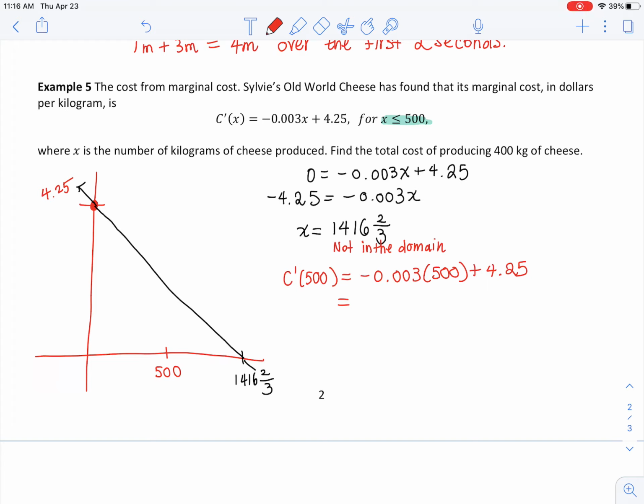I was trying to first plot the x-intercept, but that x-intercept was way out of the domain, so I gave up on that one. I'm going to erase that soon, but let me at least figure out how far we can go. Negative 0.003 times 500 plus 4.25, and that came out to be 2.75.